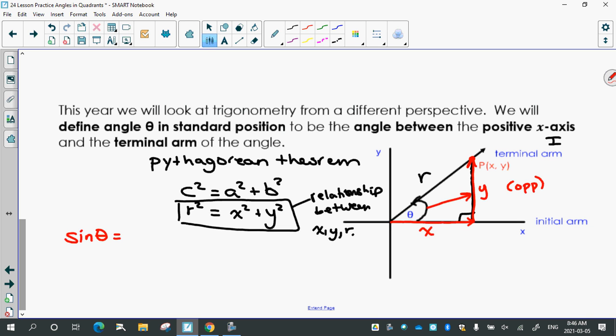So the opposite side is the y value, and the hypotenuse is always the r value. So in grade 11 trig, we think of sine of the angle as being the y value over the r value, which means the cosecant is going to be this flipped upside down, the r value over the y value.